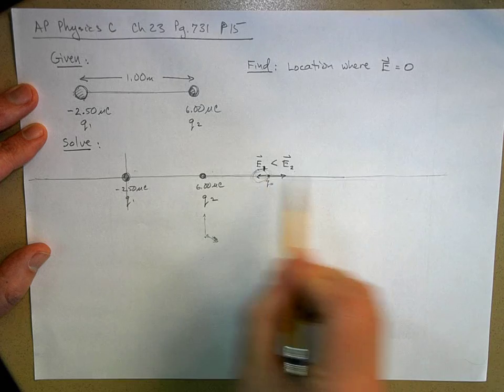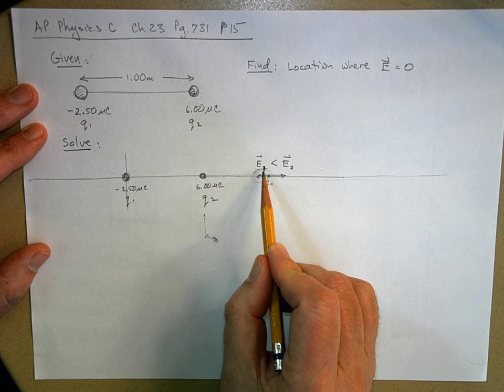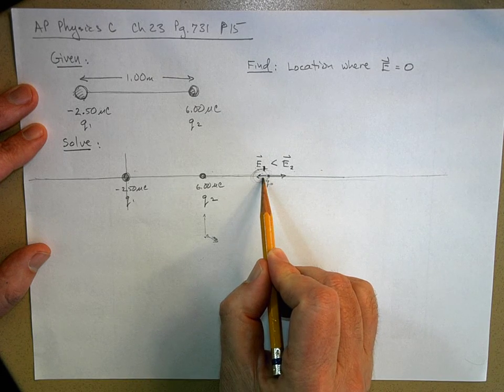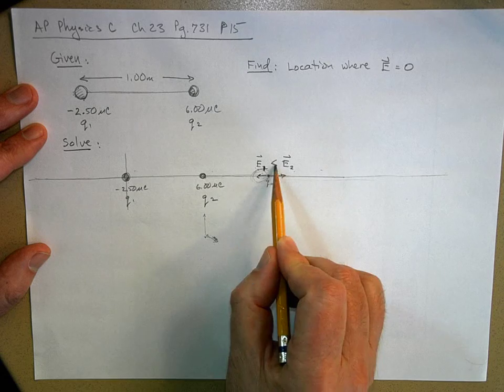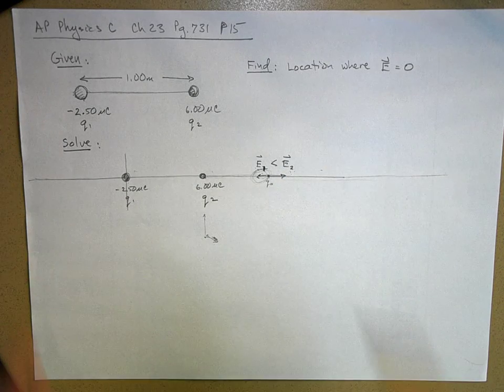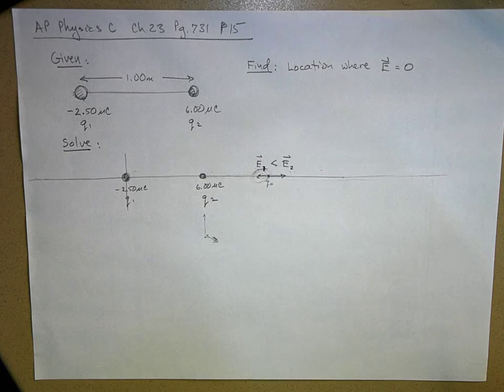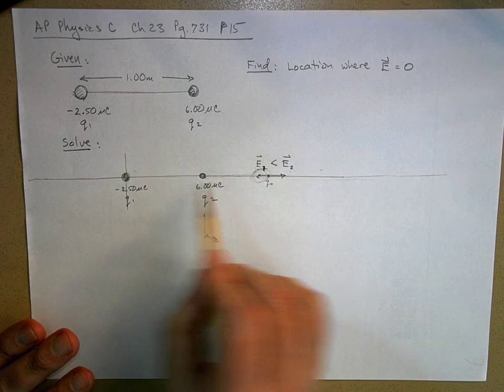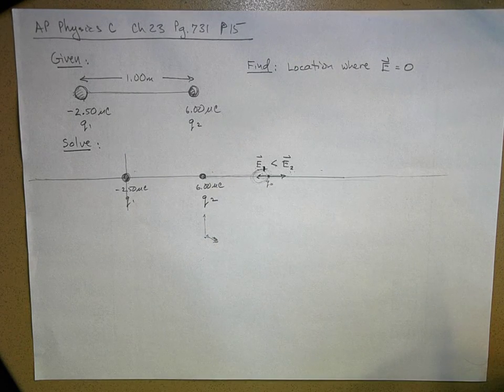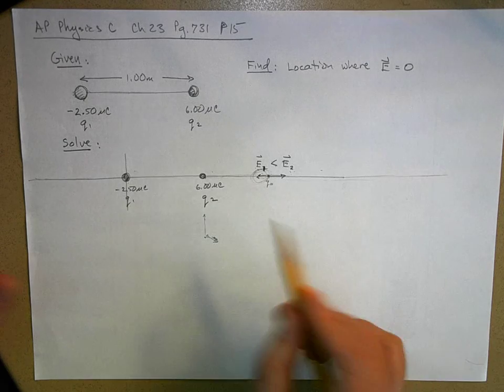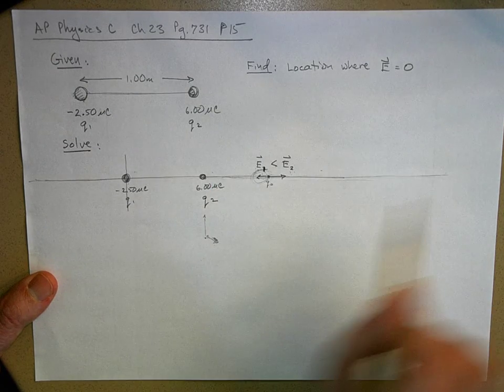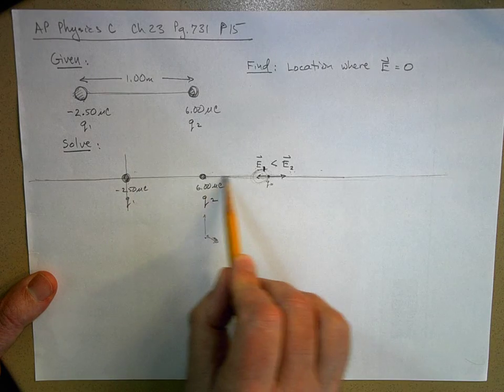If you're to the right, this will always be true. E2 will always be greater than E1. They can't cancel each other out. Does that make sense? So this eliminates this whole region of space along this line.